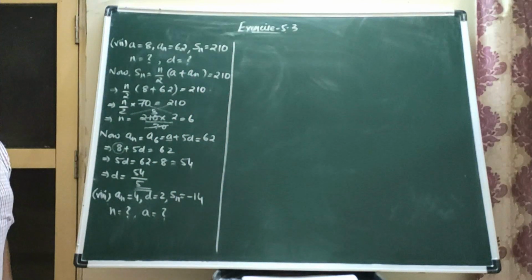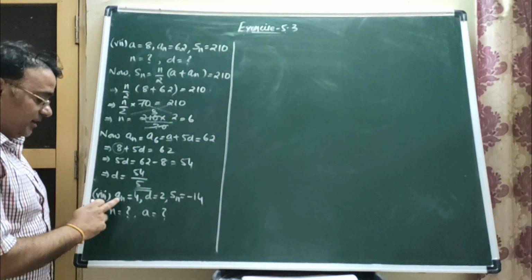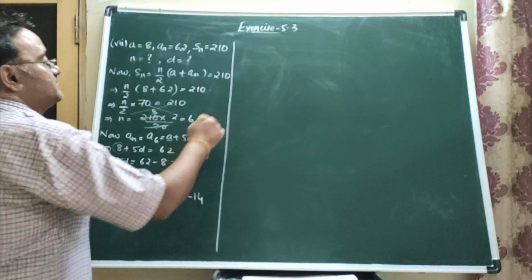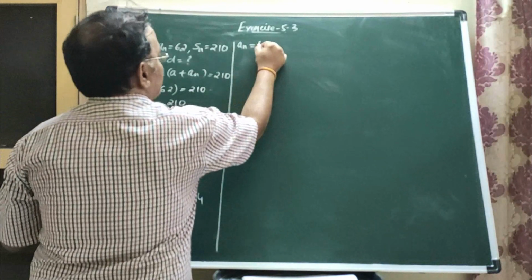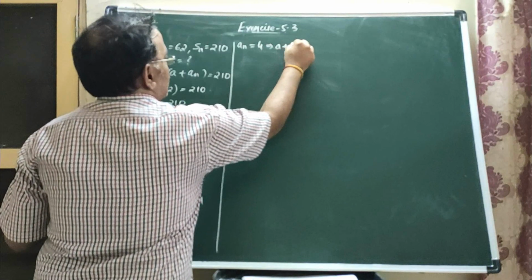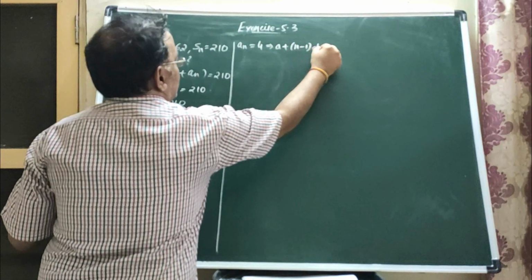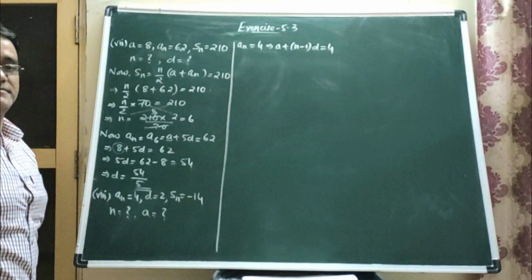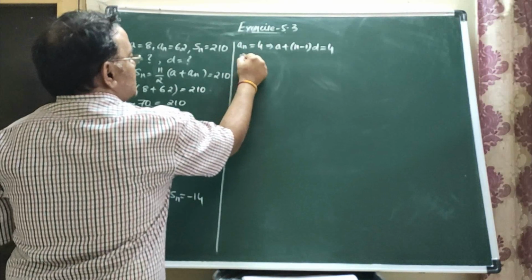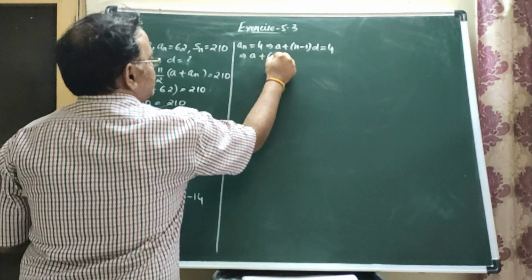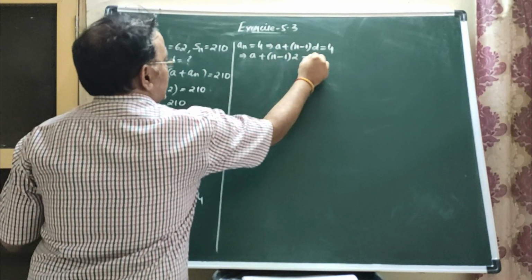So what we will do? We will use the formula for an first. So an is equals to 4 will imply a plus (n minus 1) into d is equals to 4. Now we'll substitute the value of d. इसमें d का वैल्यू सब्स्टिट्यूट करेंगे. d is 2.